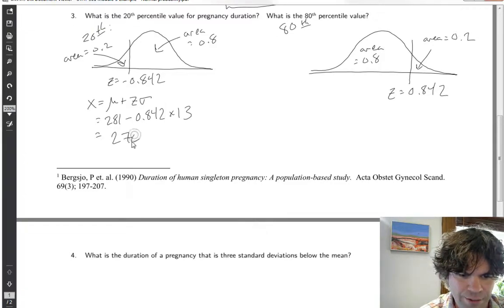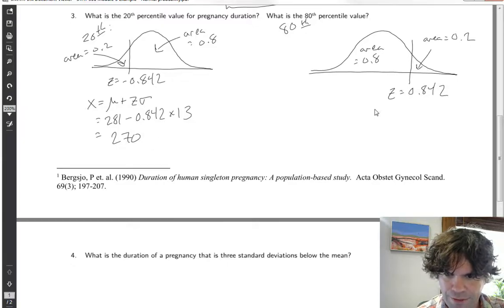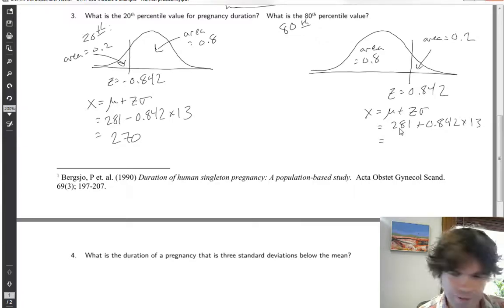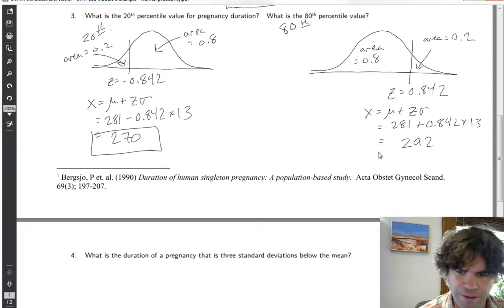I'm rounding this a little bit. And then over here, same deal. This time it's plus 0.842 times 13, and that's roughly 292. And there we go. Those are our answers.